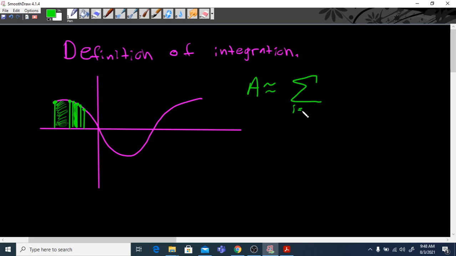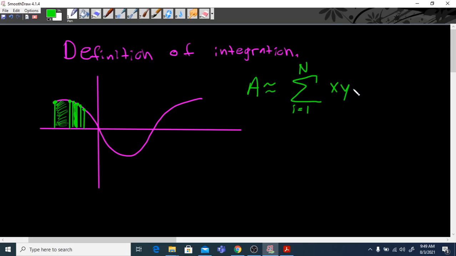We're going to start from the first rectangle and end with the last rectangle, which we're calling big N. And it's a rectangle, so it's literally x times y. You take an x value, multiply by the y value, and that's it.